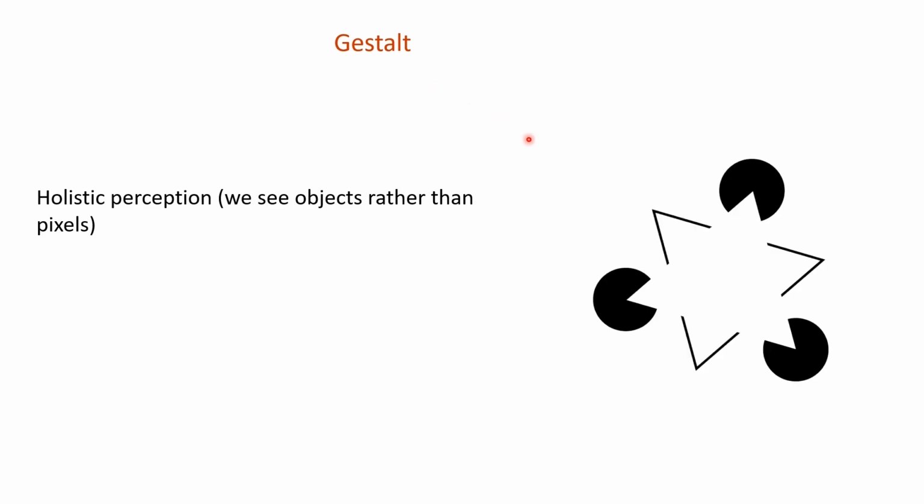Here is an example of this. What do you see in this image? Most people describe this image as consisting of three black circles, one big triangle in between that has a black outline, and one white triangle on top that is covering the first triangle and the three circles partially. But if we zoom into the pixels, then we see that there are no big triangles here in reality. There are only three partial circles and three V's.